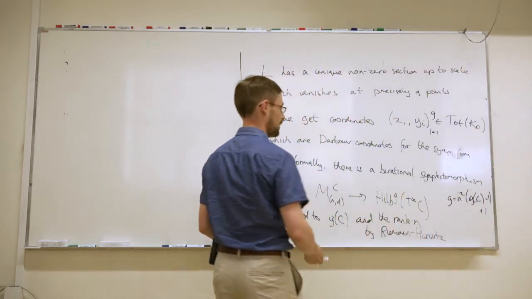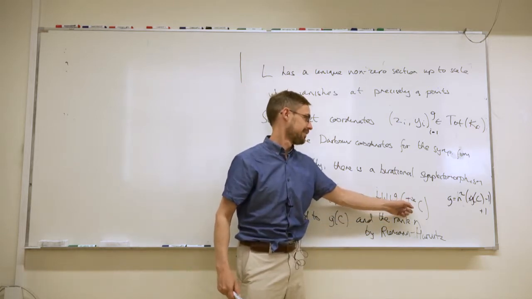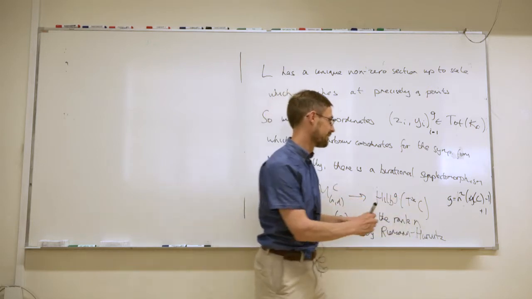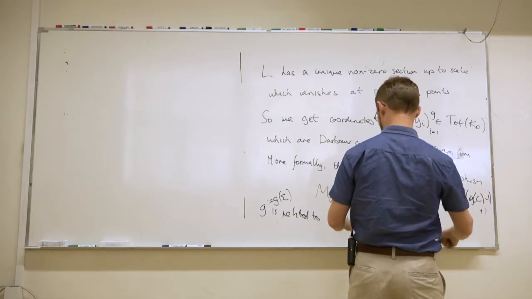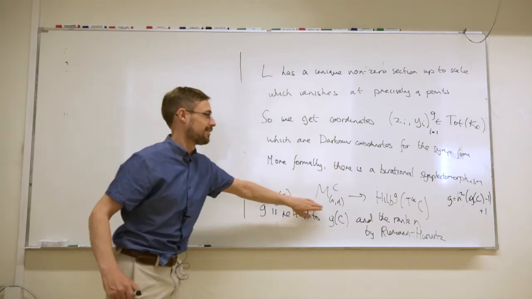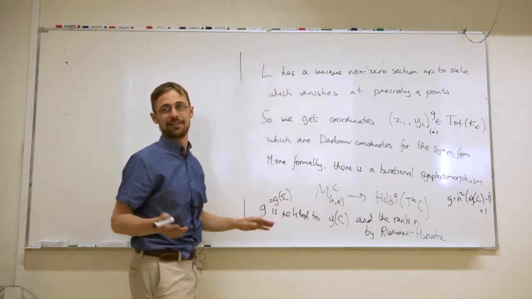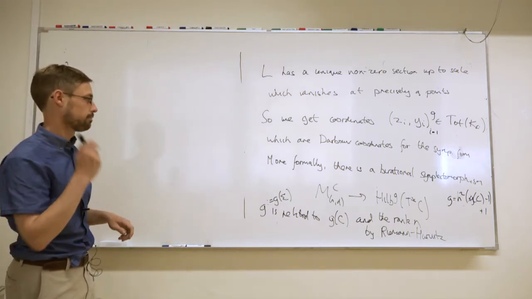Okay. So in particular, this is a surface, so it's two-dimensional. So this is 2 times G dimensional. So this G should be half the dimension of this, which is to say half the dimension of the moduli space of vector bundles.